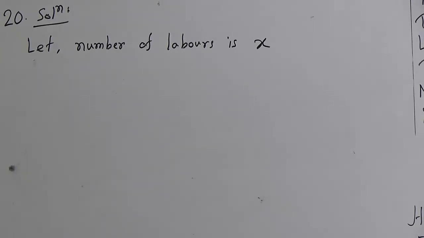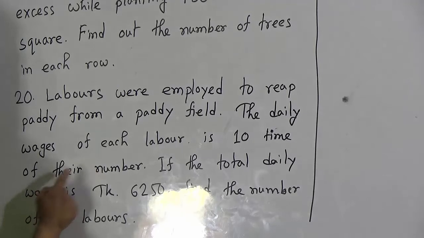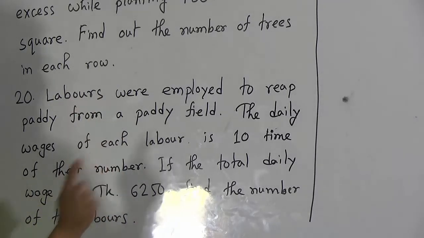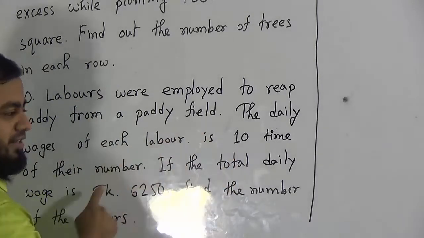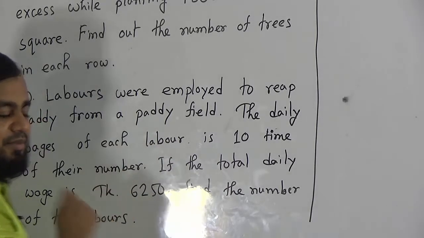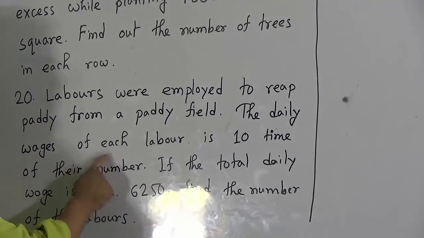Look at the question again. The daily wages of each labor is how many? 10 times their number. Their number is x, right? We assumed here already. So 10 times their number is 10 times x. So 10 multiplied by x, that means 10x will be the wage of each and every labor in one day.